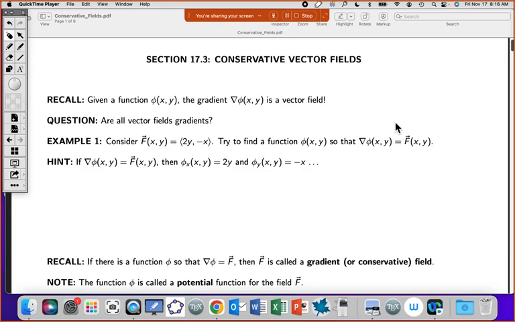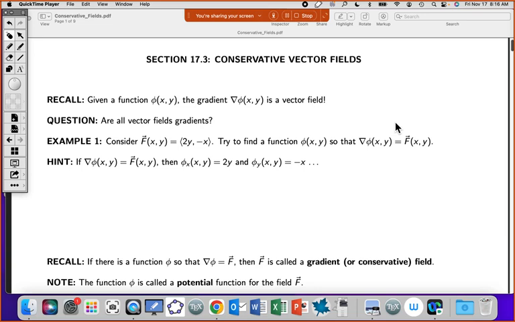Line integrals are a generalization of single variable calculus integrals, but instead of integrating over an interval, we're integrating over a one-dimensional curve in space or in the plane. And just like the integrals you learned back in single variable calculus, line integrals can be used to calculate a wide variety of quantities. One of those quantities being work and circulation.